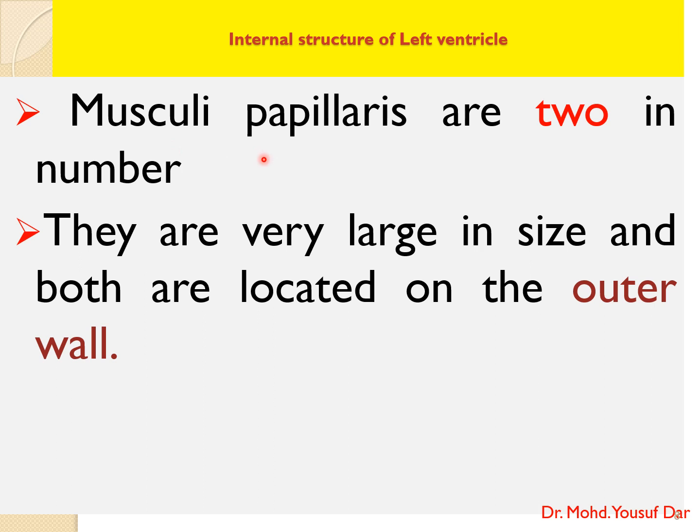The papillary muscles are 2 in number, and they are very large in size and are located on the outer wall. As compared to the right ventricle, where the musculi papillares are generally 3 in number, 2 present on the interventricular septum and 1 on the outer wall.